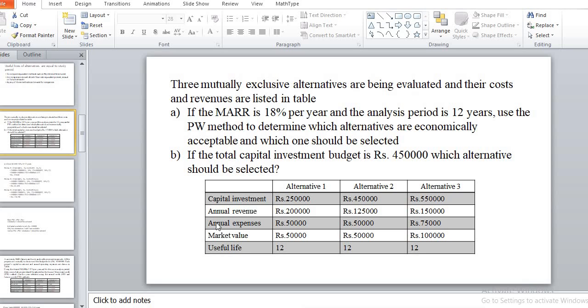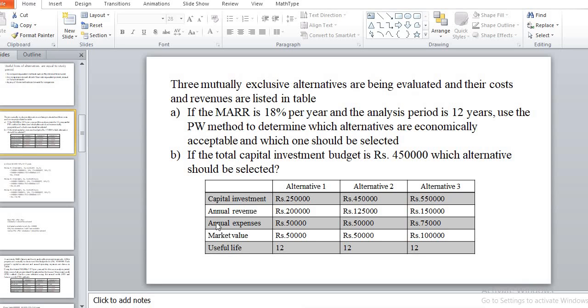And the second question asks: if the investment budget is 4,15,000, which alternative should be selected from these projects?